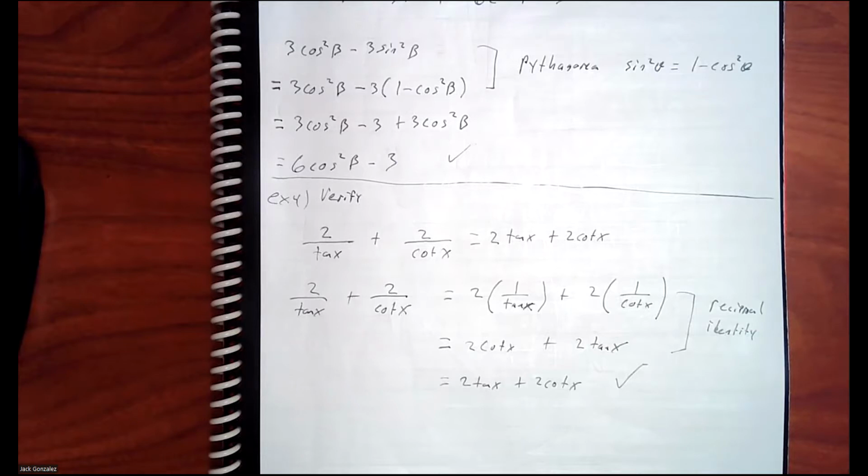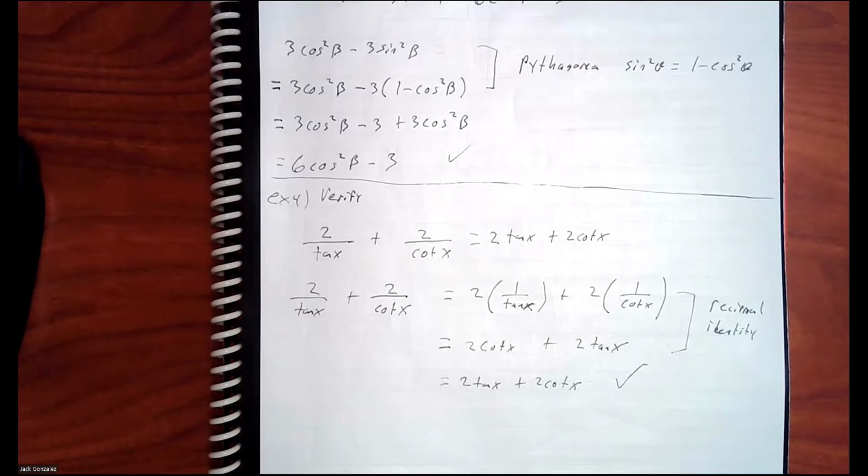Go from 1 over cotangent. If you do one, like in the reciprocal identities, you kind of just do like a new basic question. The numerator divided by 1 equals the same thing, kind of.